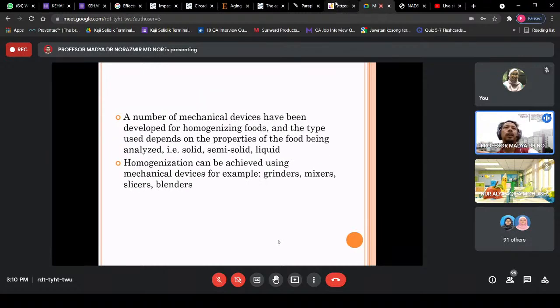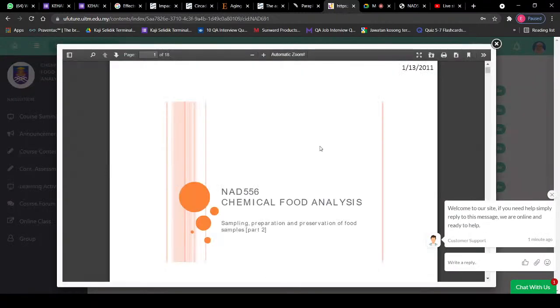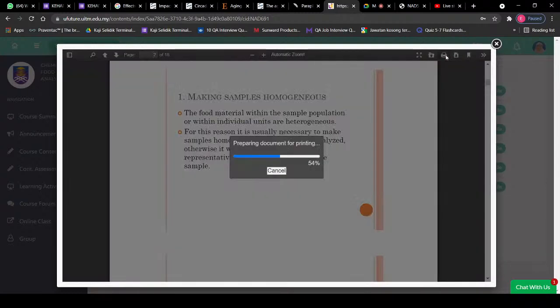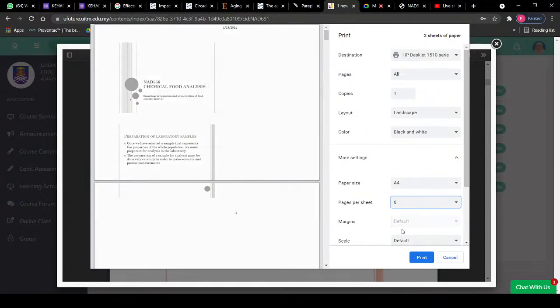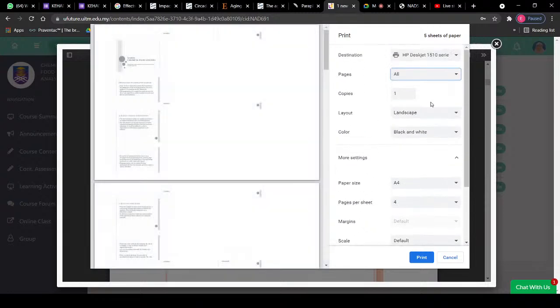Okay, a number of mechanical devices have been developed to homogenize the food, either solid, semi-solid, or liquid. We can use a grinder, mixer, slicer, or blender, depending on the properties of the sample. After we homogenize it, we reduce the sample size and make it a small amount.